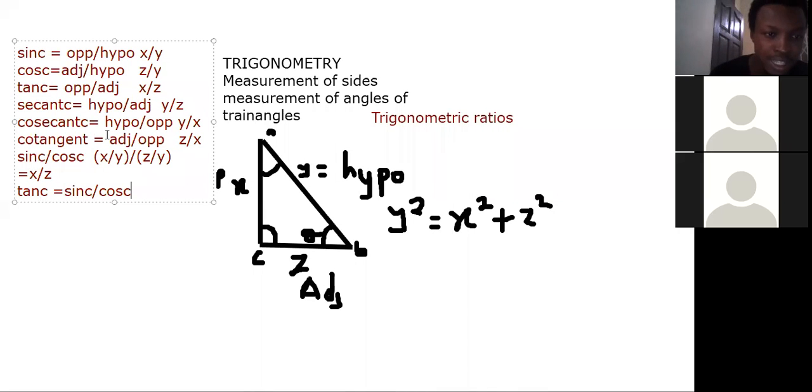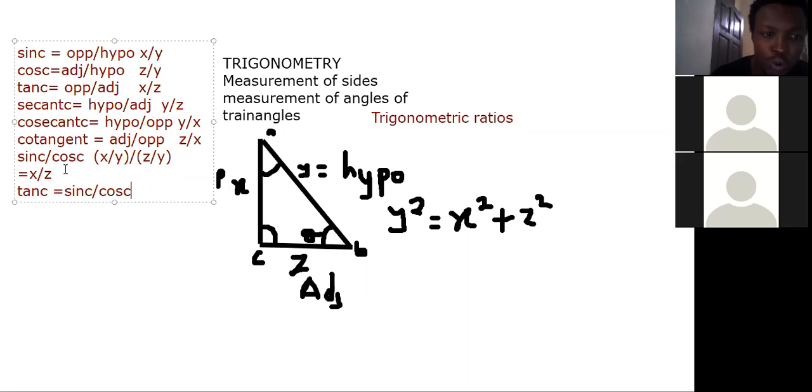So now you can see, just looking at our calculations, where we said that sine C all over cos C is equal to xy all over zy. We were using this formula. Now, after cancellation, we are going to get x all over z. And x all over z here is given by tan. Tan is equal to x all over z, according to this.